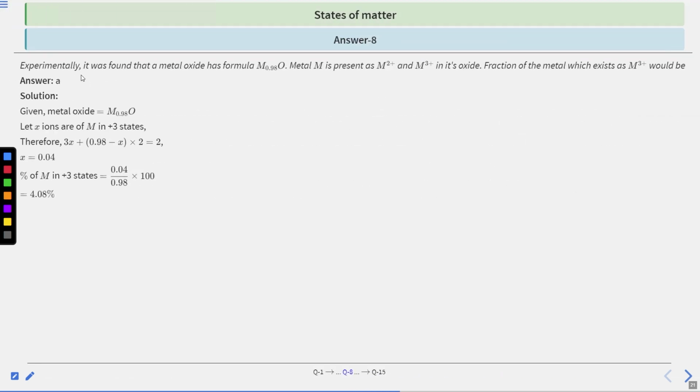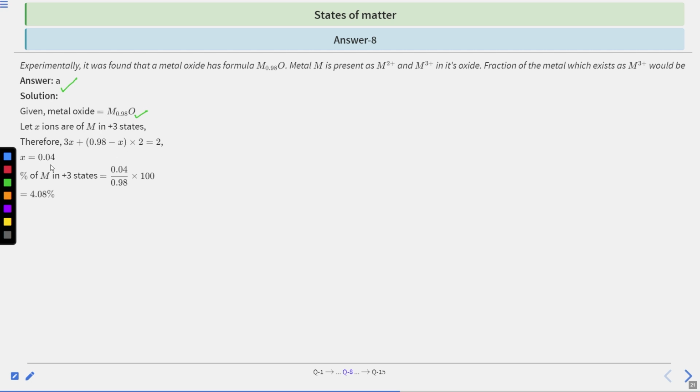So, the correct answer will be option A. It is given that the metal oxide is M0.98O. Let X ions of M in +3 oxidation state be present. Therefore, 3X plus the rest of the metals, 0.98 minus X, multiplied by 2, equals the oxidation state of O, which is 2.